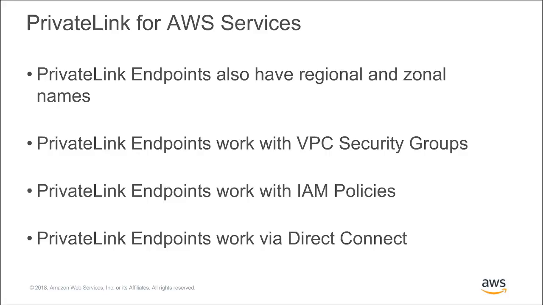Or zonal names if you'd like to keep your traffic within certain availability zones, both to save money on any kind of cross-zone data transfer, or because you've got extremely low latency requirements and you want all that traffic to stay inside the same zone where the latencies are obviously lowest, or because you've got strong isolation semantics and you want to be able to operate every zone independently. You've got the freedom to do those if you want to use the zonal names.